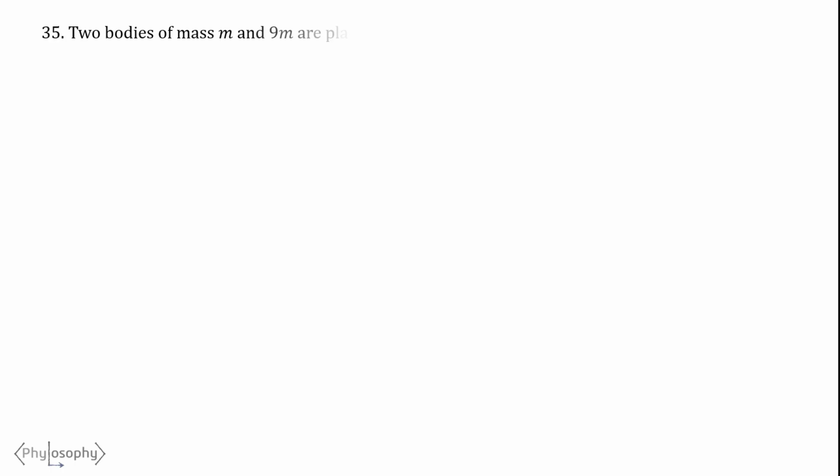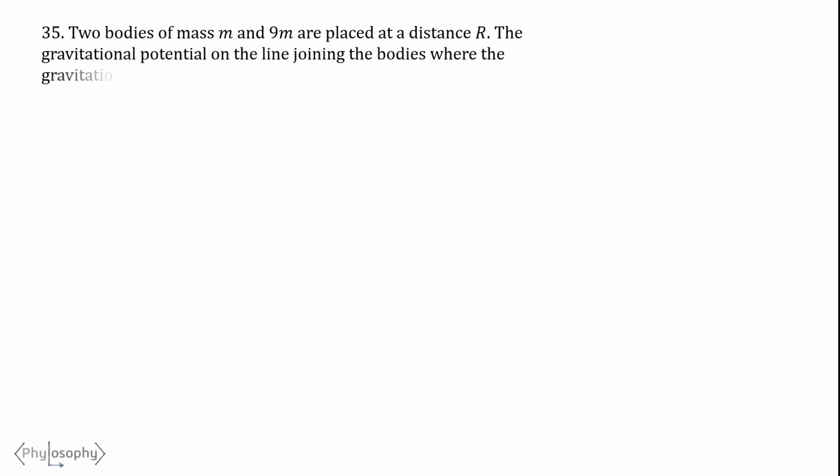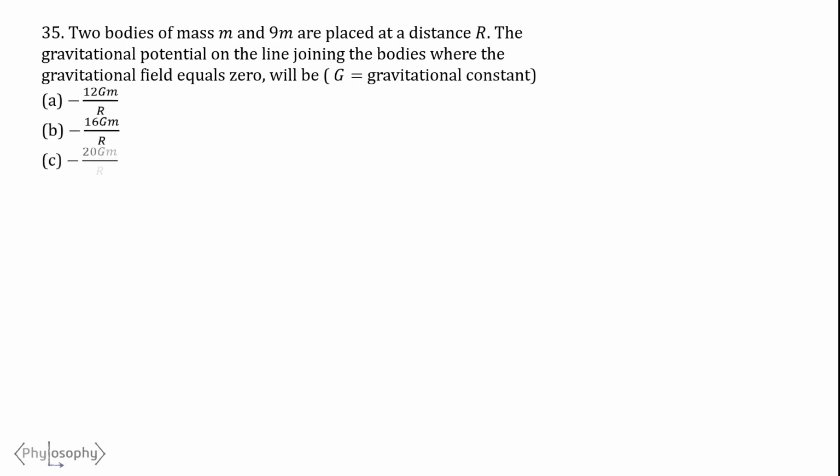Our next problem is, two bodies of mass m and 9m are placed at a distance r. The gravitational potential on the line joining the bodies where the gravitational field equals 0 will be, and these are the 4 options. Now to solve this problem, let x be the distance from the mass m at which the gravitational field is 0.